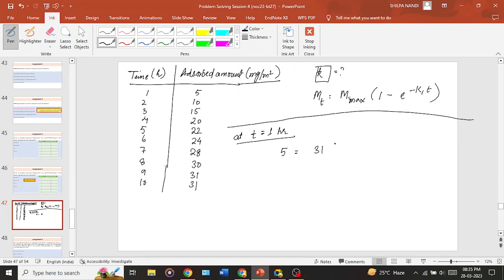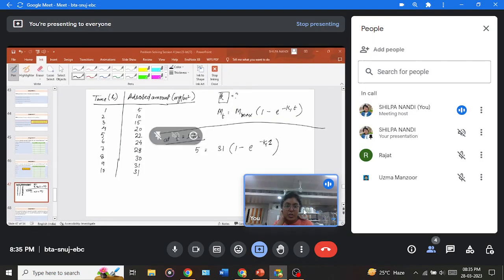And M max will obviously be 31, and this will be minus k1 and t. So t here will be 1, right? So can you just solve this equation and tell me what is the k coming out?